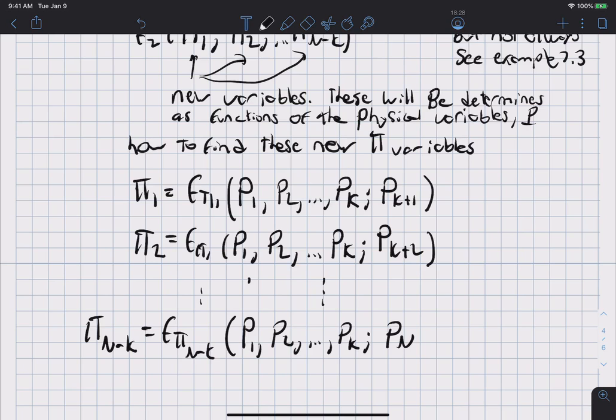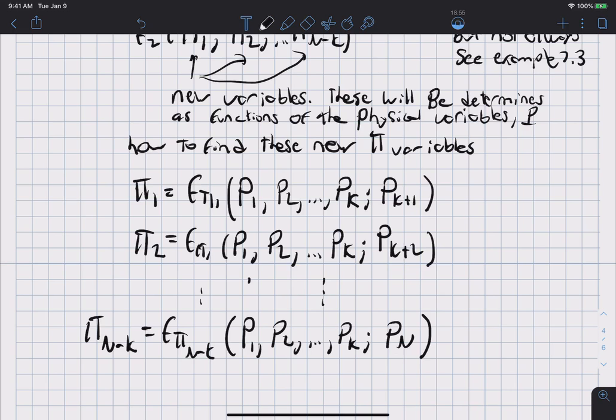And so you notice in this Buckingham Pi, all of these pi variables are going to be functions of the same k physical variables, and a different variable for each.